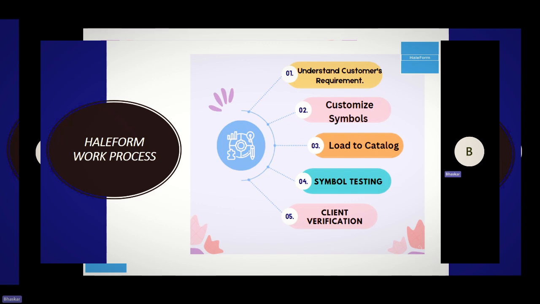After the project is awarded, we customize the symbol using our programming tool or S3D API. We load it to the catalog and do the testing. Once that is done, we send our customization to our client and load it to their catalog. The symbol is tested by the client and feedback is sent to us.